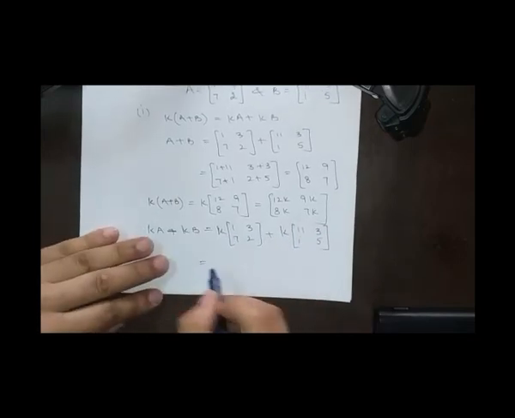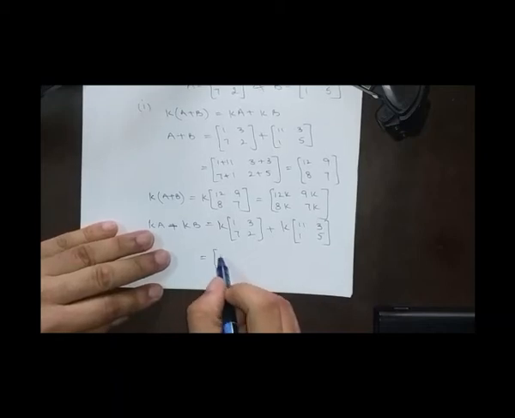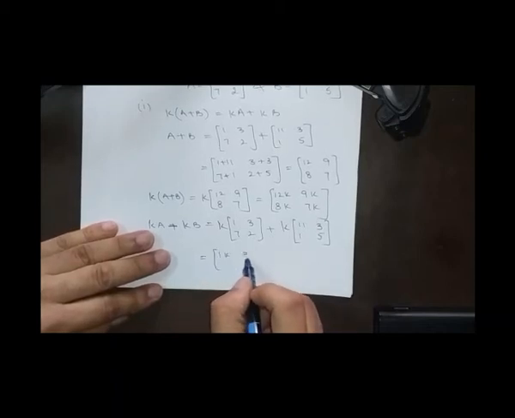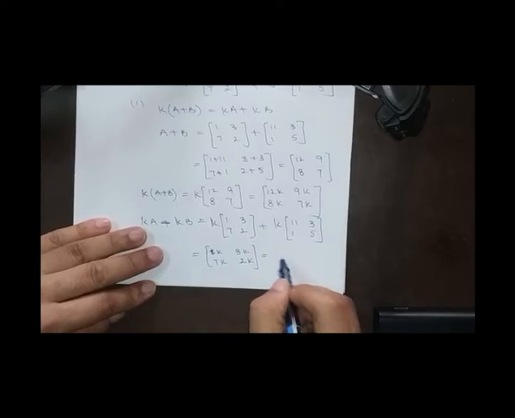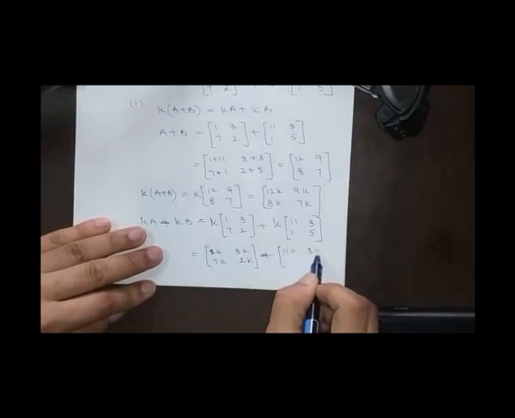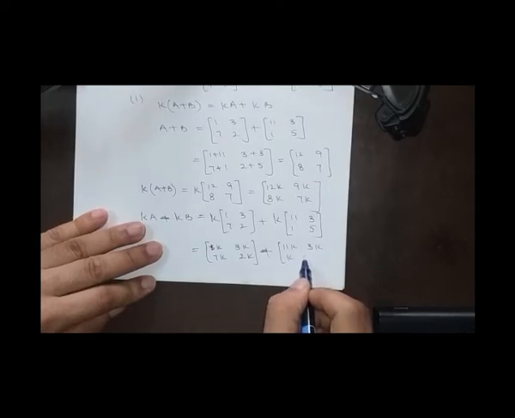It becomes 1k 3k, 7k 2k. We will write it as k times that, and then plus 11k 3k, k and 5k.